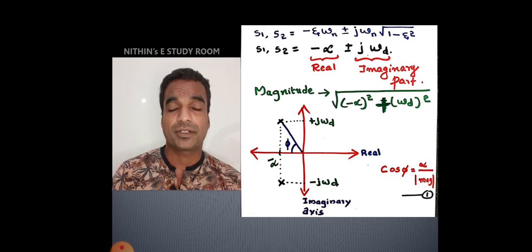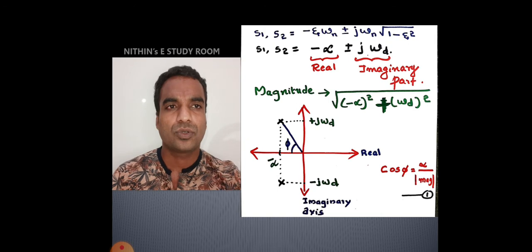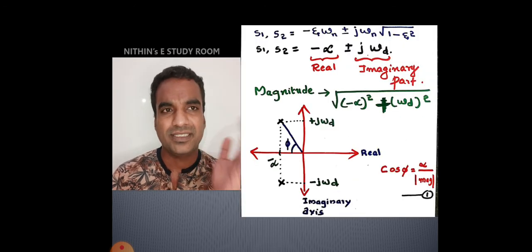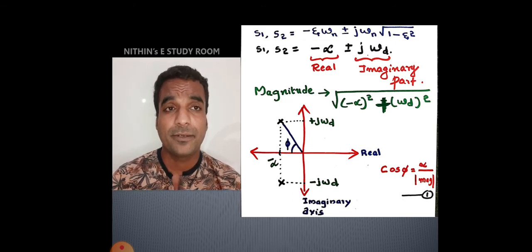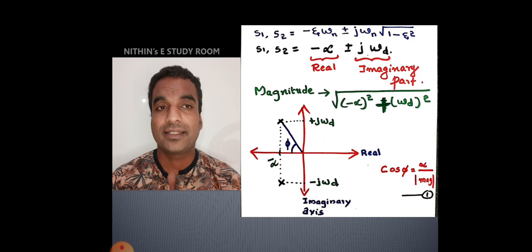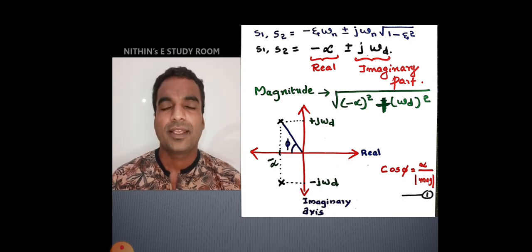damping factor, please write it, I don't know whether it is there in the slide or not. No, I think there is a missing of these two terms. So alpha is the damping factor, and eta was the damping ratio.